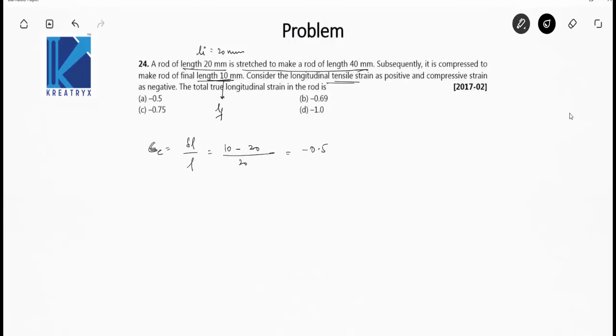The minus sign represents that the length is decreasing. True strain is ln of 1 plus engineering strain, which is ln of 1 minus 0.5, that is ln 0.5. The value of ln 0.5 is minus 0.693. So this is our answer, that is option B.